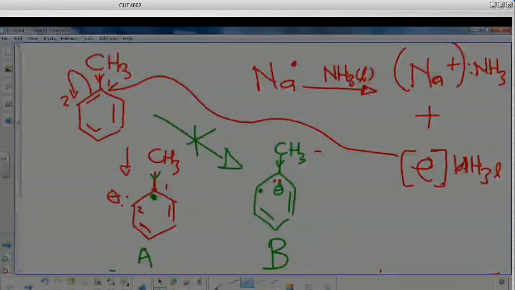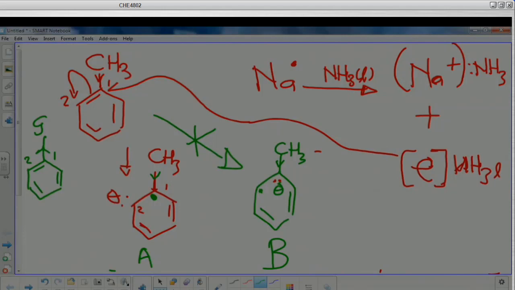And then if we have an electron withdrawing group G, like before, I say 1, 2, where will you put the free radical center? I'm referring to carbon 1 and 2.